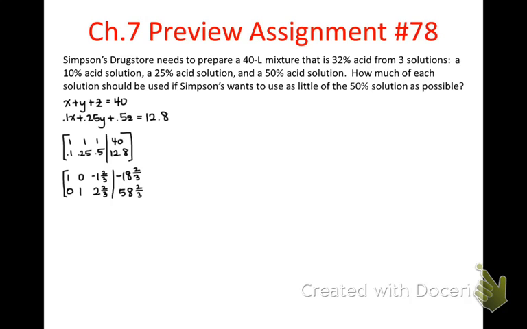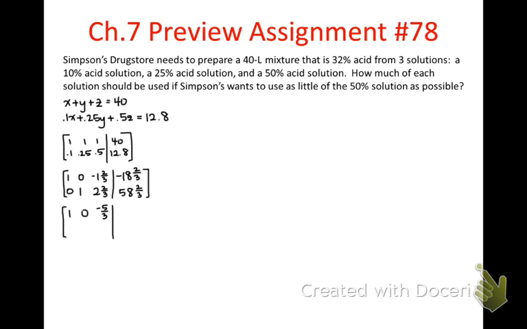Now, I'm going to figure out here in a little bit, and I kind of already know, but this is going to be easier if I have these in improper fractions. So I'm going to take a second to rewrite this in improper fractions. If I do, I get 1, 0, negative 5/3.